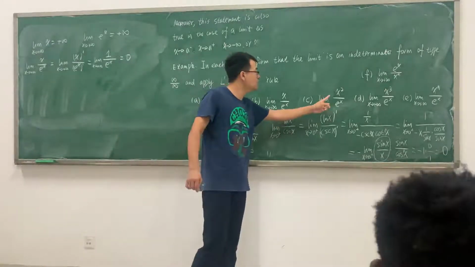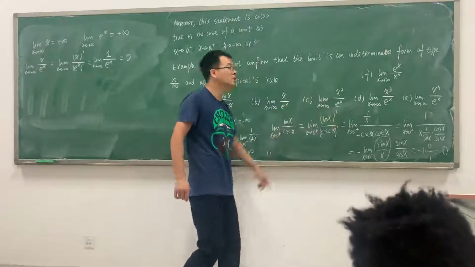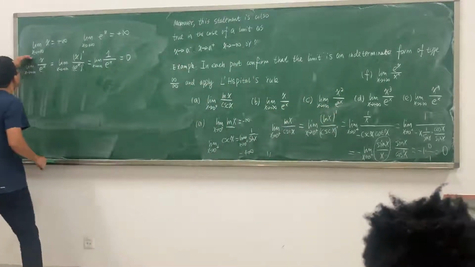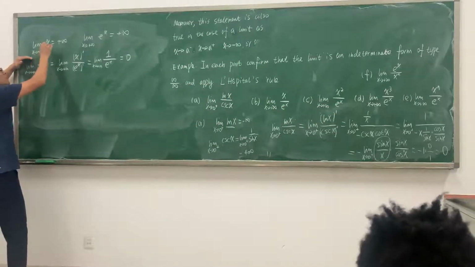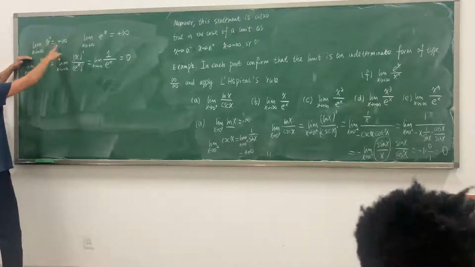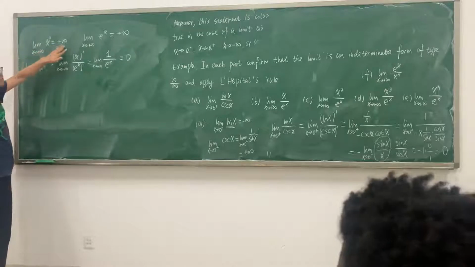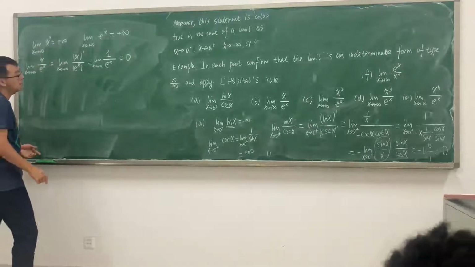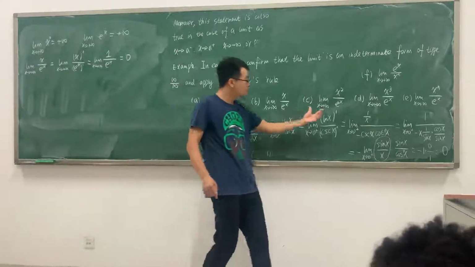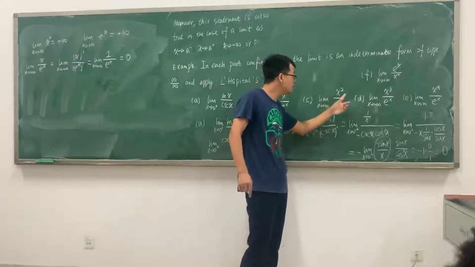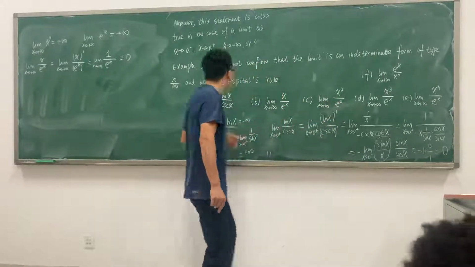Number C is x squared by e^x, the same idea. When x approaches plus infinity, x squared also approaches plus infinity, so this limit is infinity by infinity. So we use L'Hopital's rule.